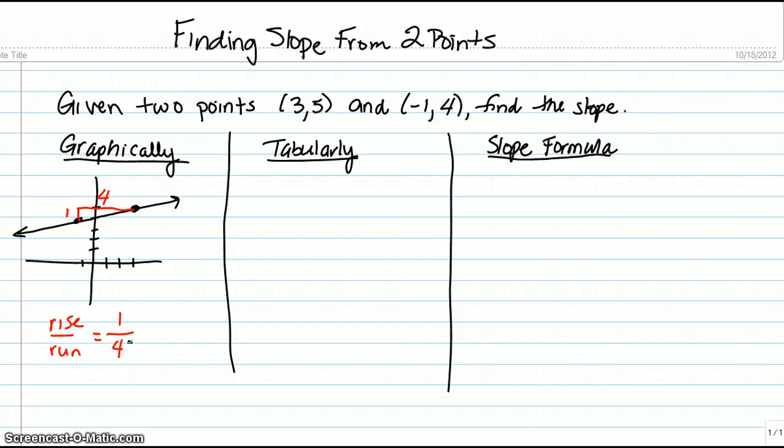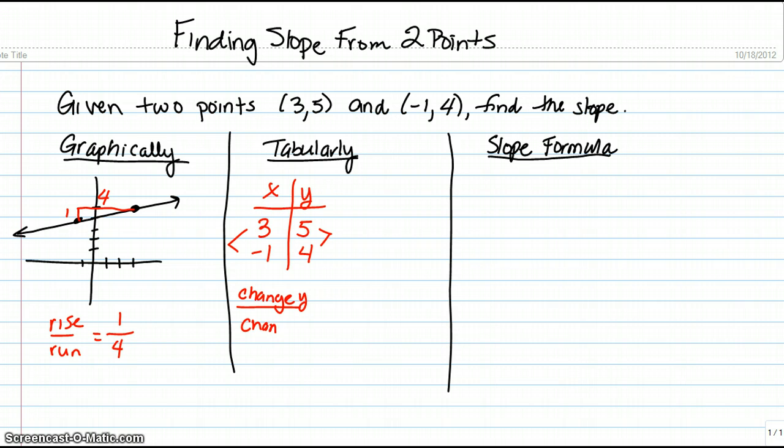I could also do this tabularly. In other words, make a table of x's and y's, like we did yesterday, and you put your points, (3, 5) and (-1, 4). And then what we do is we find the change in the y's and the change in the x's. So change in y over the change in x.